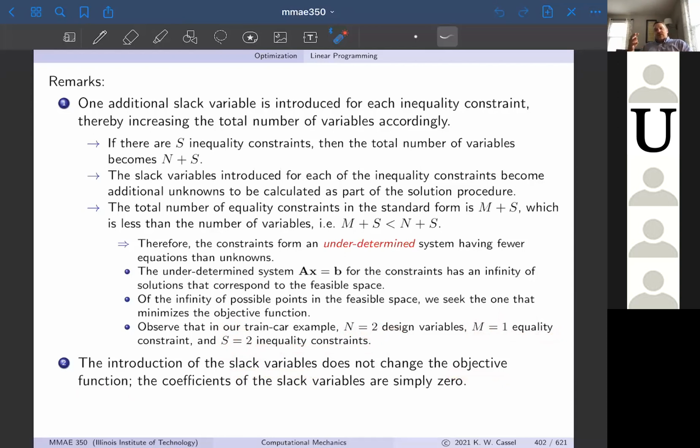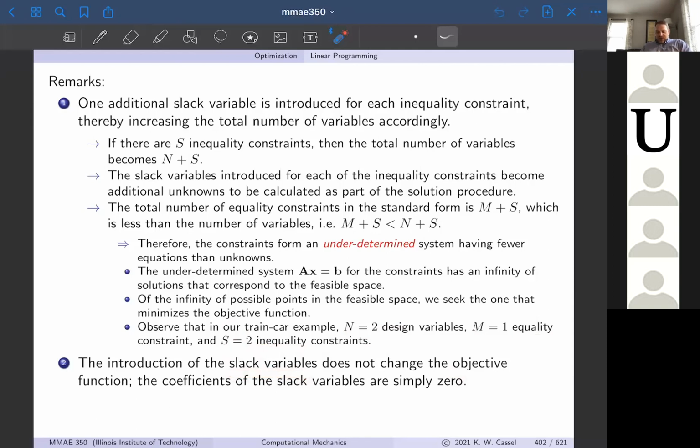So when we write down the linear system of equations that corresponds to this optimization problem, the situation will be similar to what we had on Tuesday, but now we'll have the slack variables introduced along with the design variables.